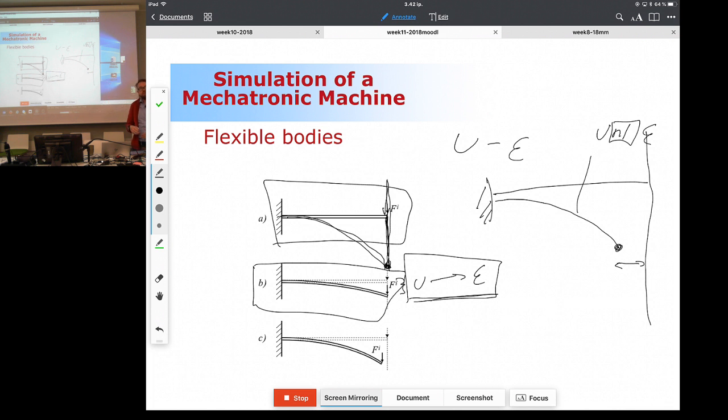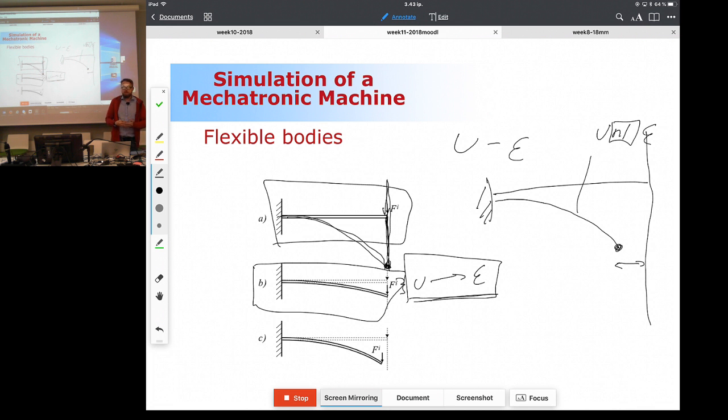But if you introduce this nonlinear behavior, then it's no longer staying on the loading line, but it's actually introducing a little bit of displacement in the axial direction. And this makes it possible to describe very large deformation. Not necessarily important in the case of a cantilever beam, but in the case of belts, parachutes, clothing, something that is extremely flexible, then you have to use this kind of nonlinear relation.